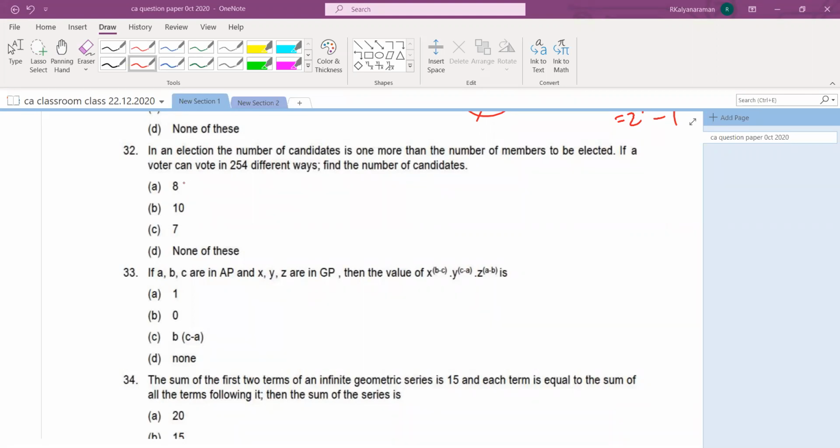Okay, suppose this is 8. That means he has to choose 7 candidates. So 8C7.